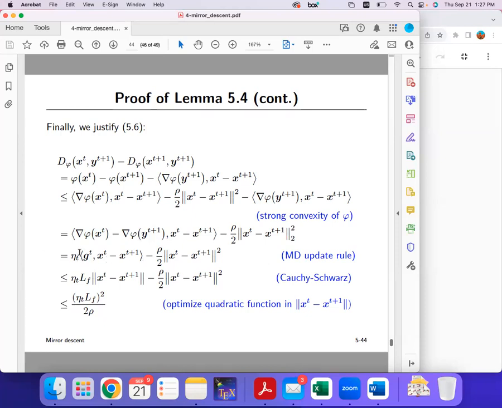And then we can bound this inner product by the Cauchy-Schwarz inequality. So this inner product is less than or equal to the norm of this difference term times the dual norm of g_t. But the dual norm of g_t is bounded by the Lipschitz constant, so I have that constant here.